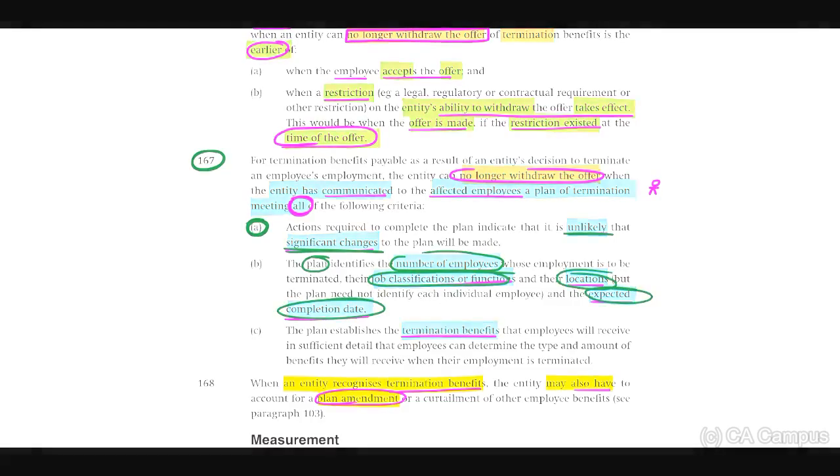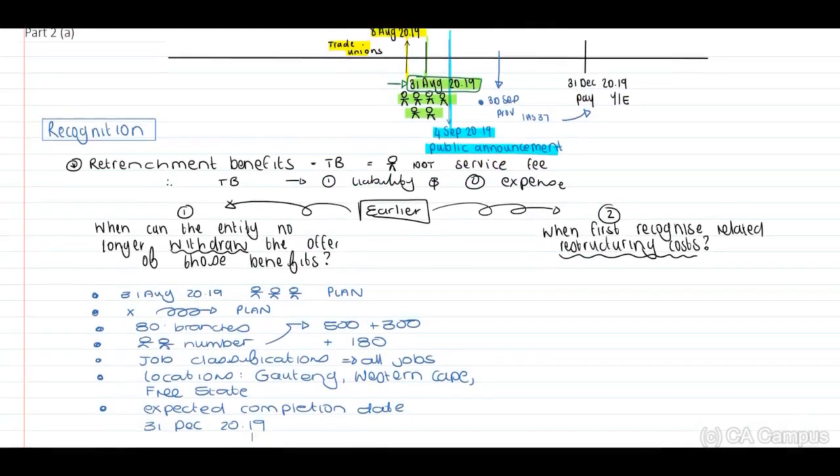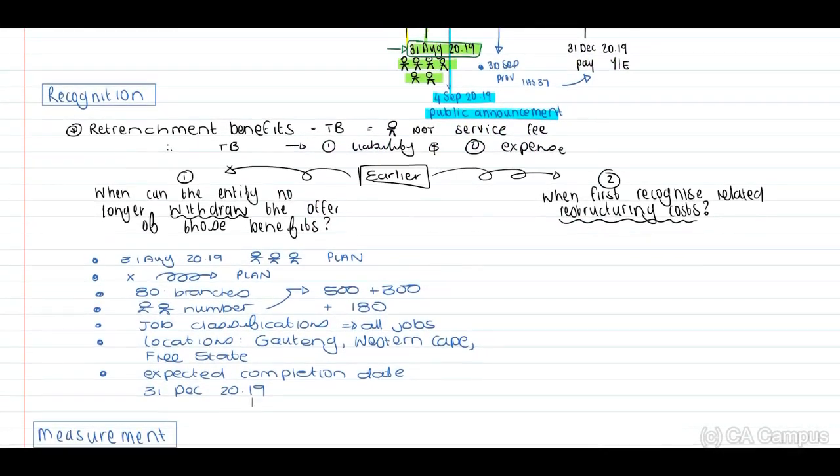Now we need to apply this. Right. Therefore, when you look at the left side of your screen, they have indicated to us that there are 3 branches. They've provided the number of employees at each branch being 500, 300, 180. Therefore, we are able to identify that this will be a total of 980 employees.